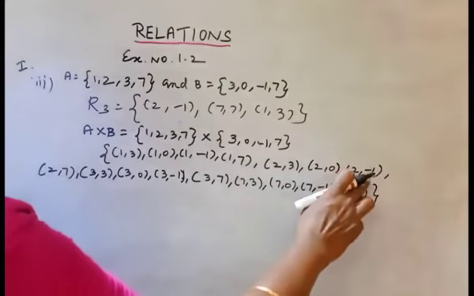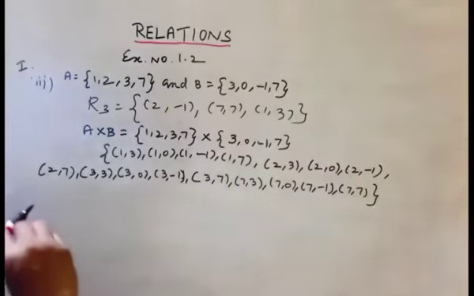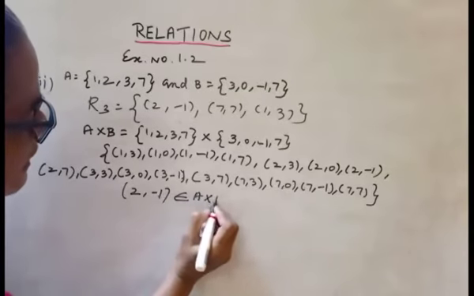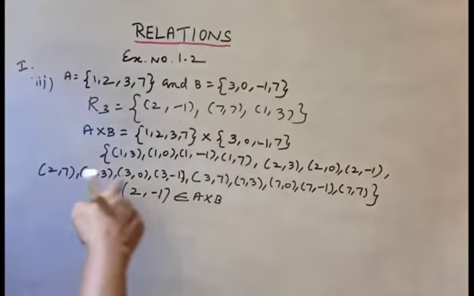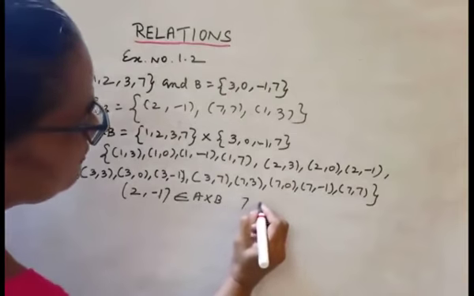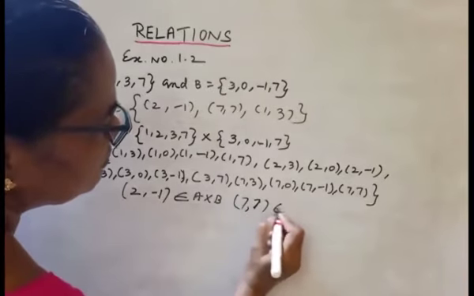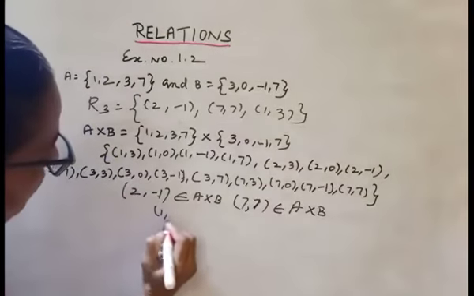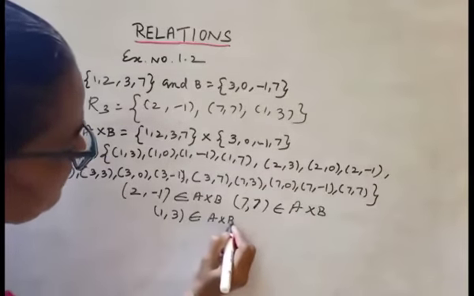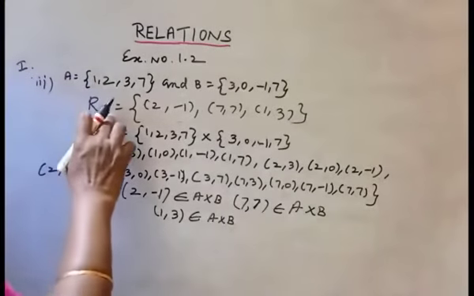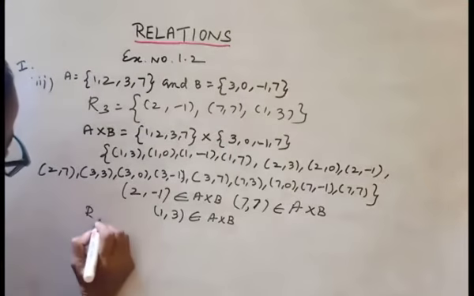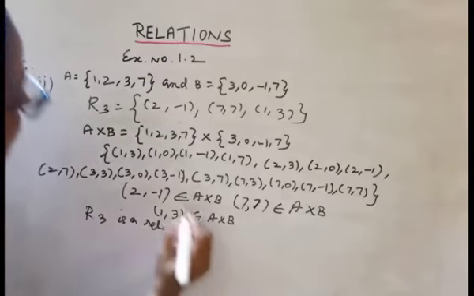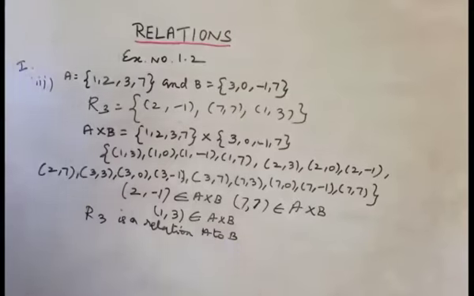So you write (2, -1) belongs to A cross B. Next (7, 7). (7, 7) is there, so (7, 7) belongs to A cross B. Next (1, 3). (1, 3) is there, so (1, 3) belongs to A cross B. So R3 is a relation from A to B. Okay.